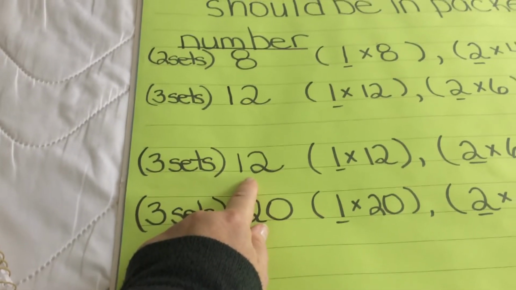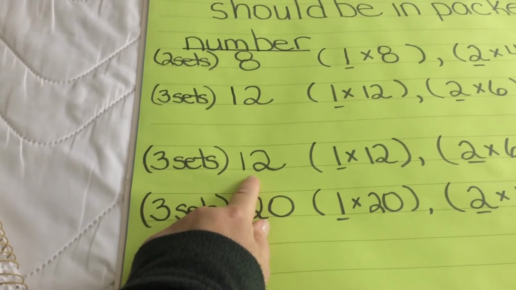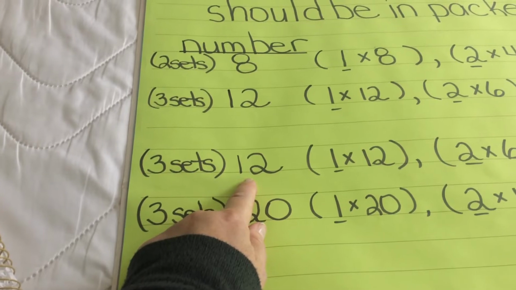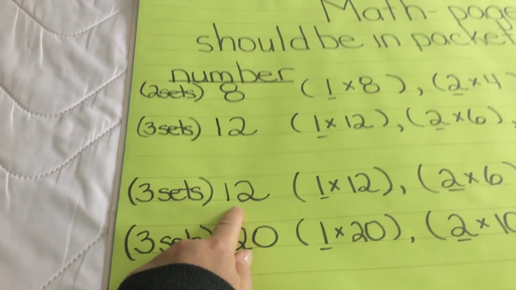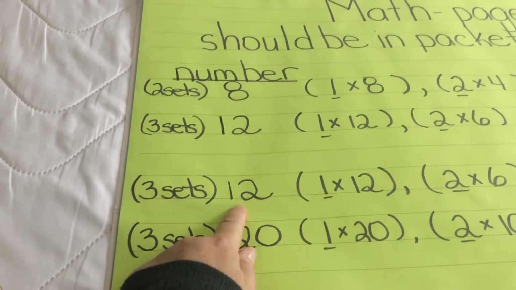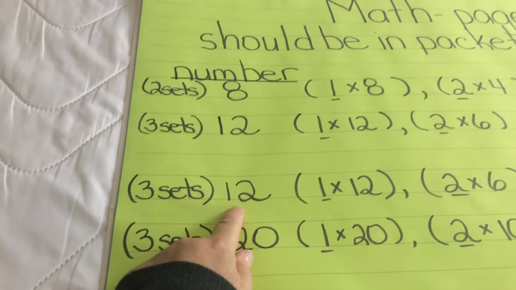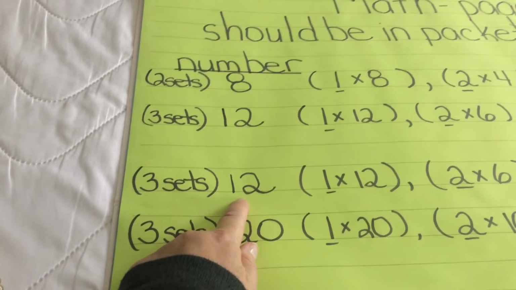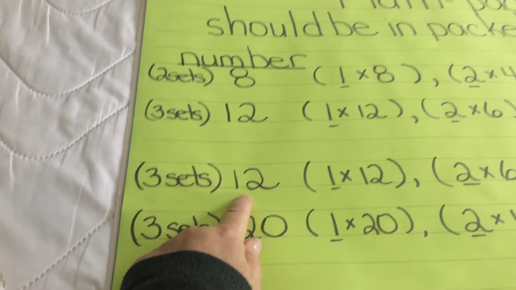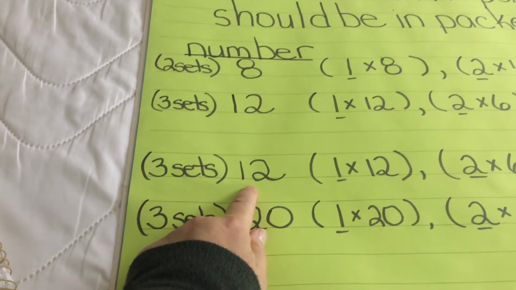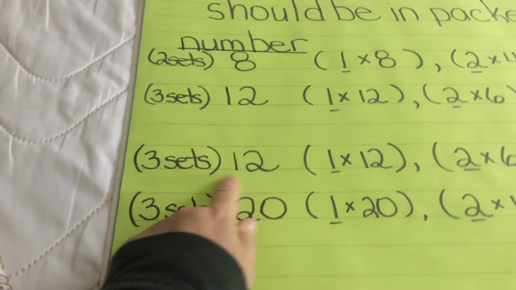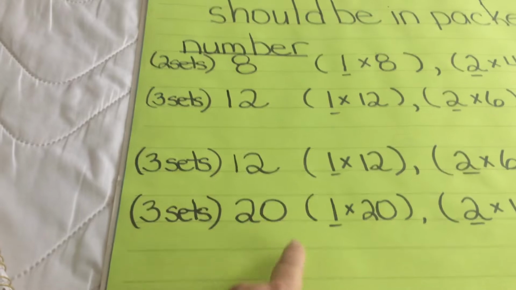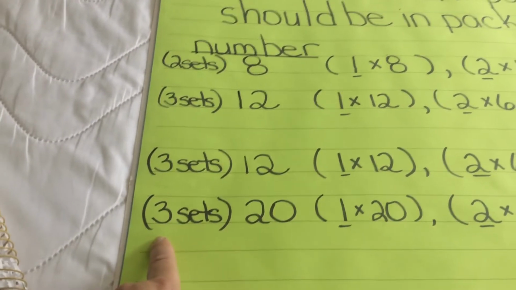We have this on our sheet, and it's important that you're following along with me so that we're all together on this, because this is going to be a sheet that's turned in. So it needs to be nice, neat, and concise. Again, we have another set that's going to be used as a comparison. 12 has 3 sets, and then 20 has 3 sets.